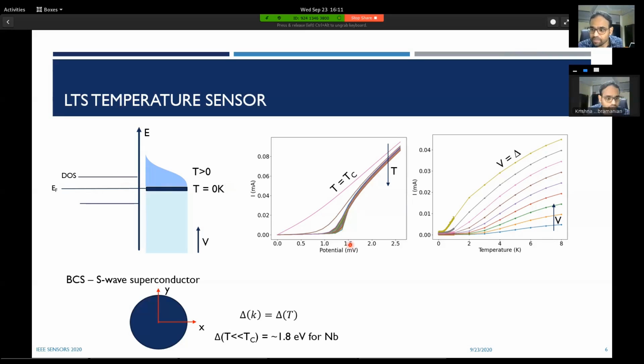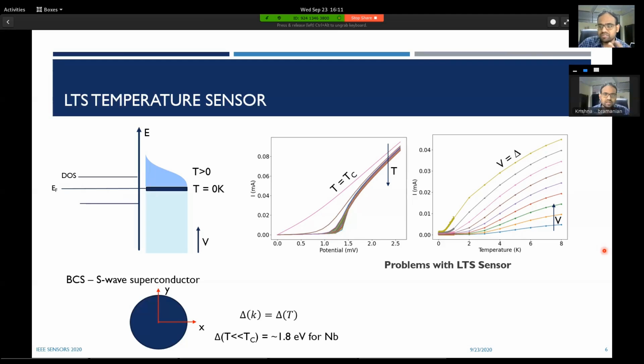But then you can see that the distribution of IV characteristics across this particular junction for various temperatures doesn't seem to be evenly distributed. Right? For temperatures that are very low, until you reach the transition temperature, you can see the tunneling current is very low at bias potential which is much smaller than the order parameter delta. Once you go close to the superconducting order parameter delta, then you have a very good sensitivity.